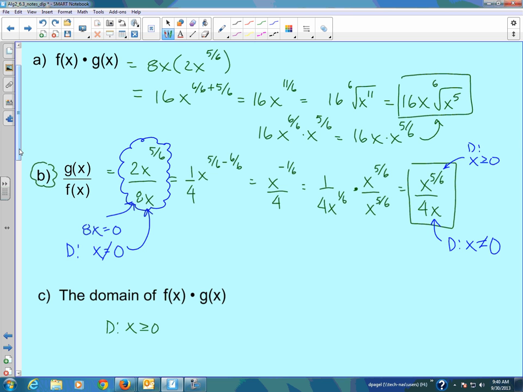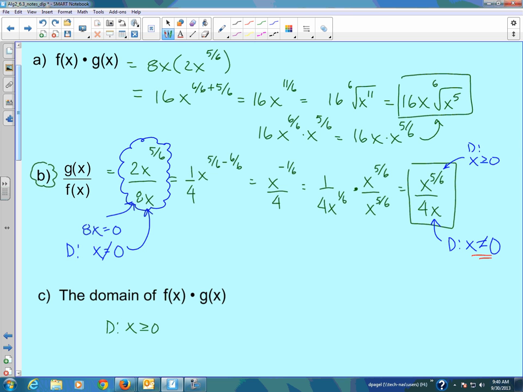Well, here's a unique situation. We've got a domain in the numerator that says x can be greater than or equal to 0, but the denominator says x can't be equal to 0. And the domains of division or quotients have to satisfy both of the conditions of the original functions.